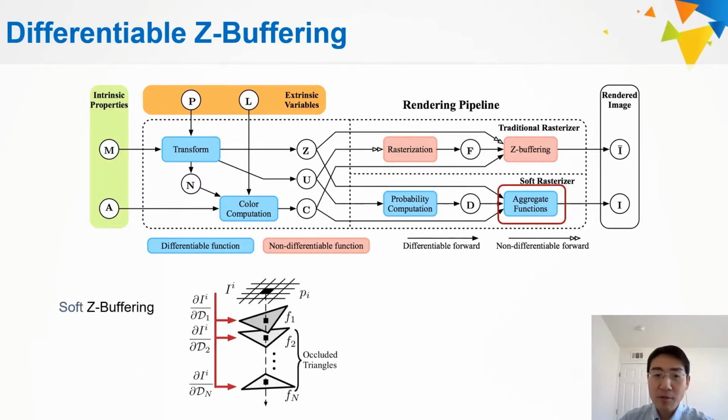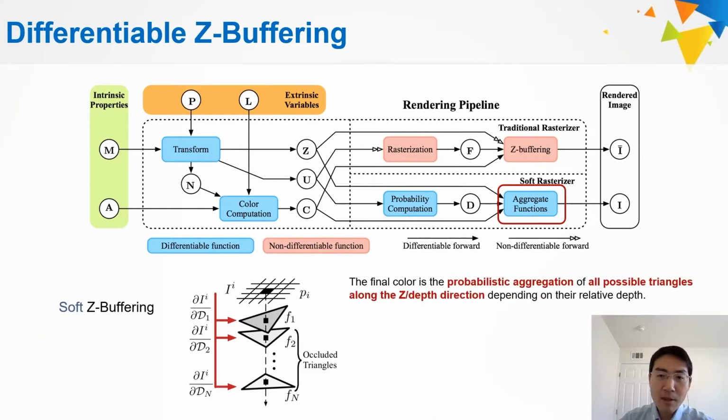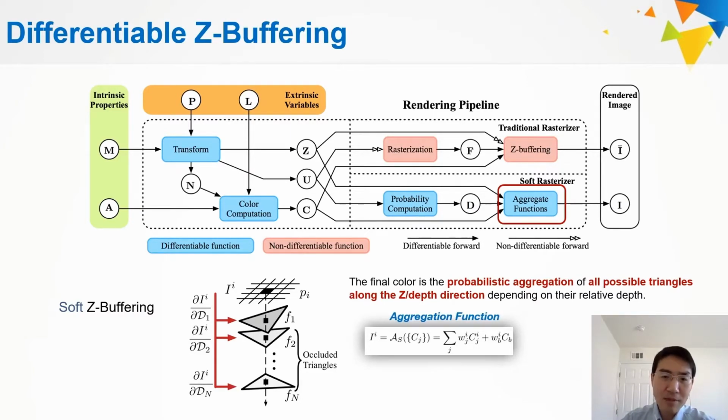We make the traditional z-buffering act as a soft z-buffering. So the final color of a pixel, let's say pi, is a probabilistic aggregation of all possible triangles along the z-depth directions, depending on their relative depths. How do we do that? So here is the aggregation function.